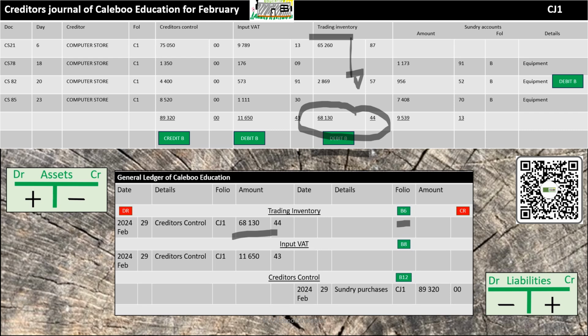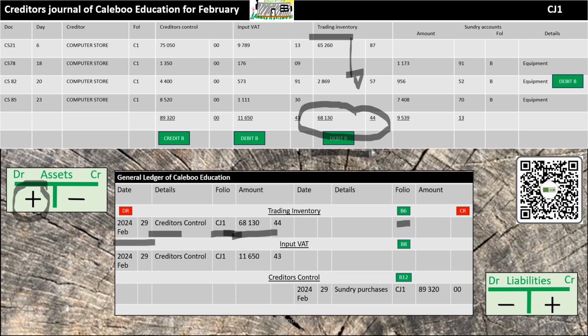Once again, why was it debited? There was an increase in the value of the stock that we held. We purchased the stock on credit. The stock got delivered to us. In our books, we must record it. The value of our stock has increased. Where did we get the information? CJ1. What's the contra account? Creditors control. And there's the date.